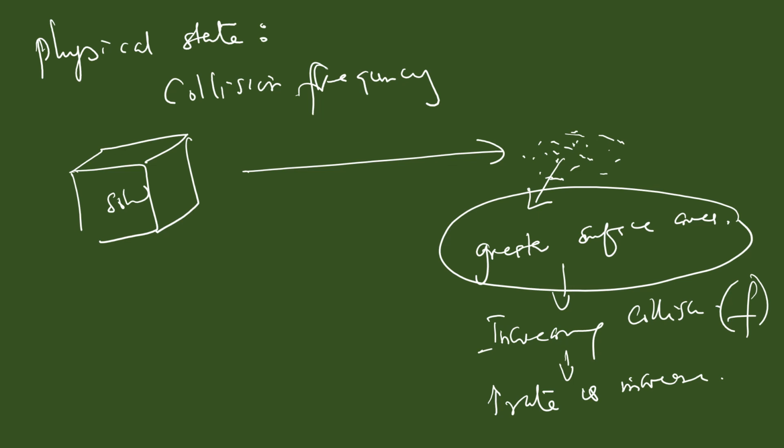By increasing the surface area, I'm giving the molecules more opportunity to collide with each other. Hence, I'm increasing collision frequency. As collision frequency increases, guess what? We are increasing rate. I hope this video helps you.